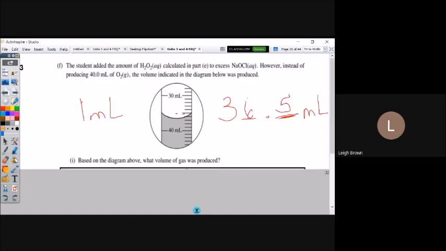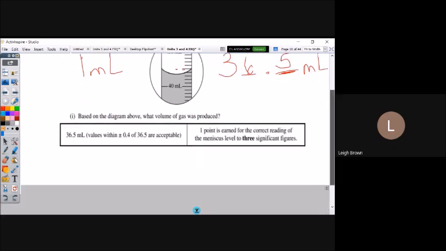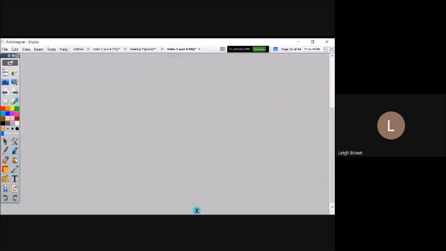All right. The last question here is a percent yield question. Let me scroll down. It says that the reaction should have produced 40 milliliters.